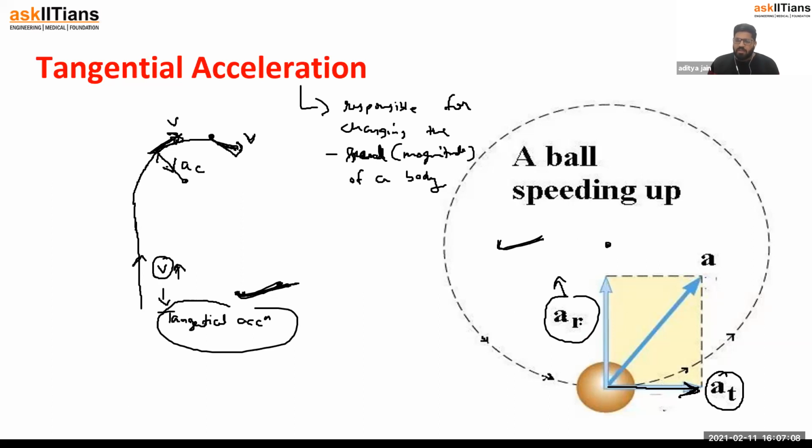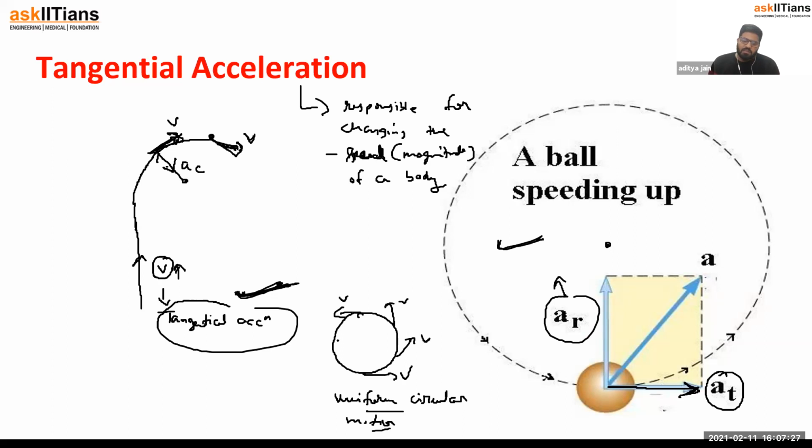Whenever a ball is not moving with a constant velocity, if I give you two cases, suppose this is the first case of uniform circular motion. What is uniform circular motion? It is motion in which the magnitude of velocity v remains constant. So can I say there will be no tangential acceleration in the case of uniform circular motion?